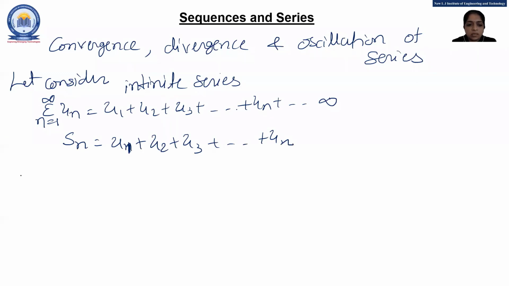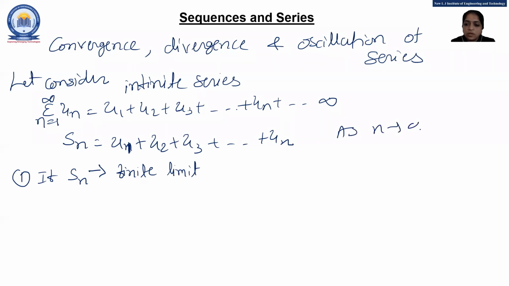Now three possibilities are there. Number one, as n tends to infinity, if Sn tends to a finite limit, then the series summation n equals 1 to infinity of un is convergent.